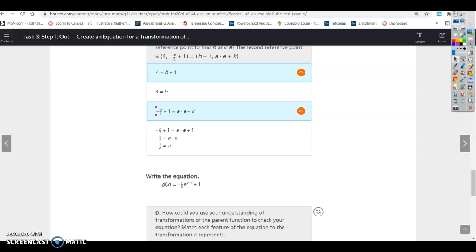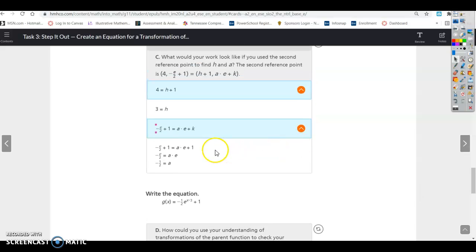And substitute in what you know from that. And you know that k is equal to 1. Let's see, you subtract 1 from both sides and just have a times e equals this other side here. And then when I divide by e, it's going to cancel that out, and that just leaves a equals negative 1/2. So that's just solving for a.